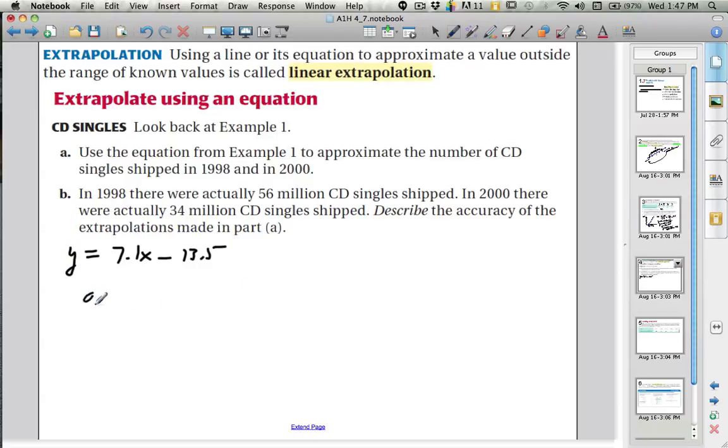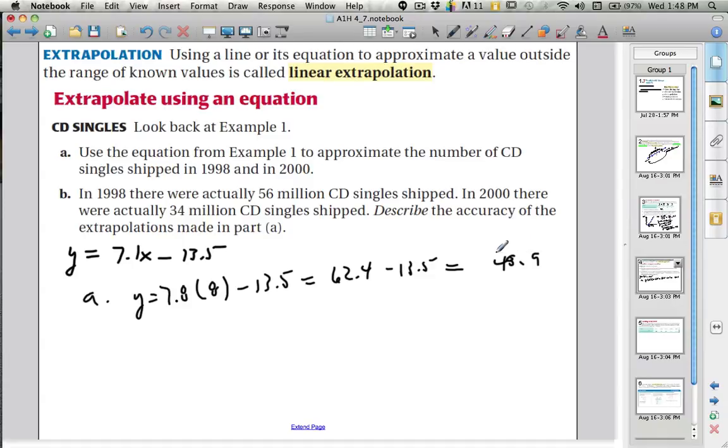If I want to work in A, I'm going to plug in the values 8 and 10 into my equation. So y would be equal to 7.1 times 8 minus 13.5. This is going to be 56.8 minus 13.5, which is 43.3.